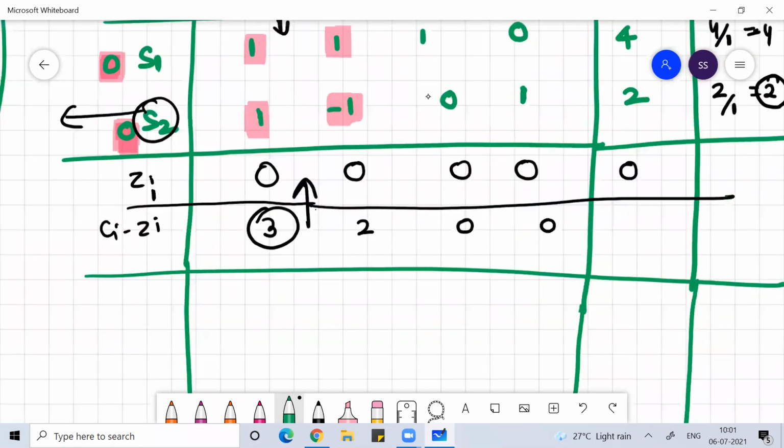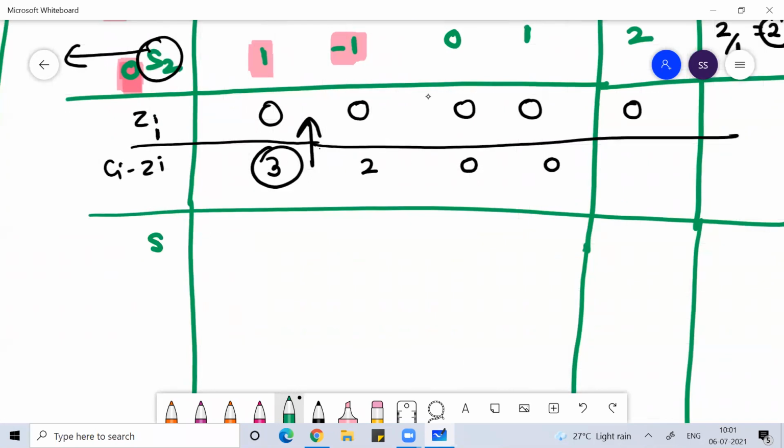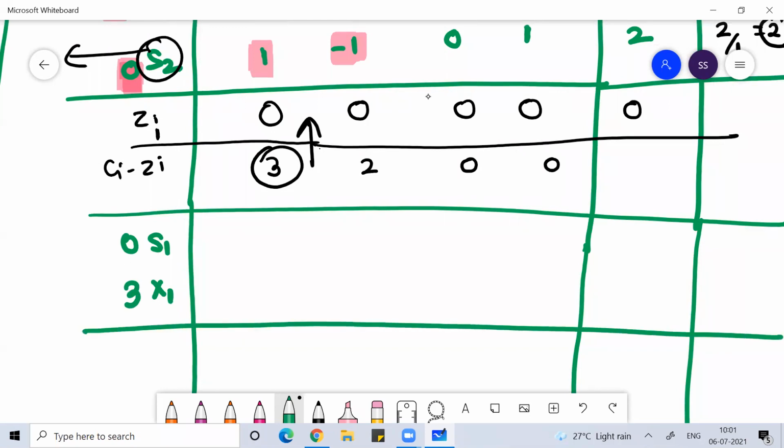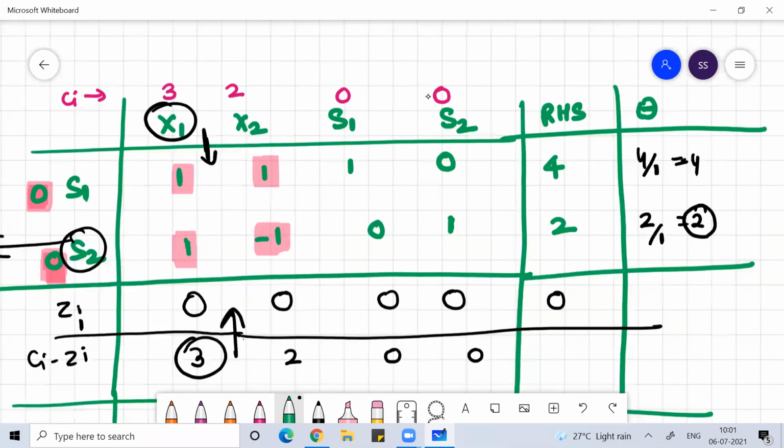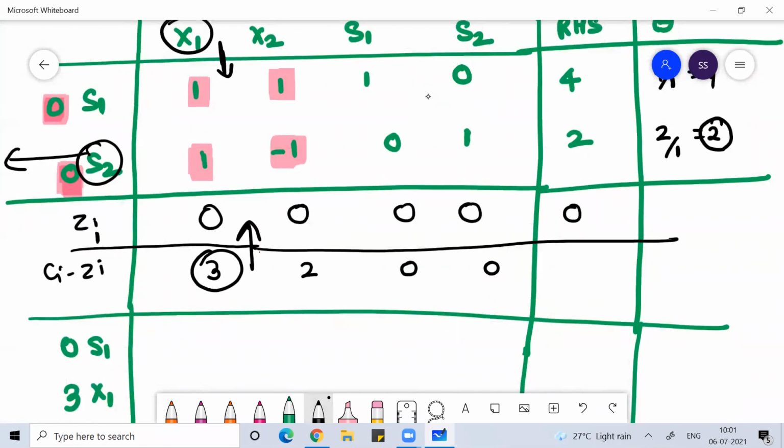In here I can write s1, having 0 coefficient, and x1 having coefficient 3. You can see this one is called the pivot element.